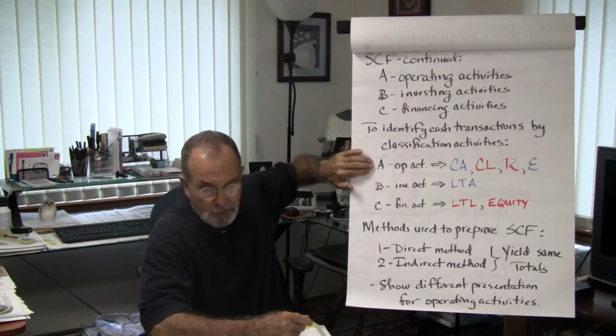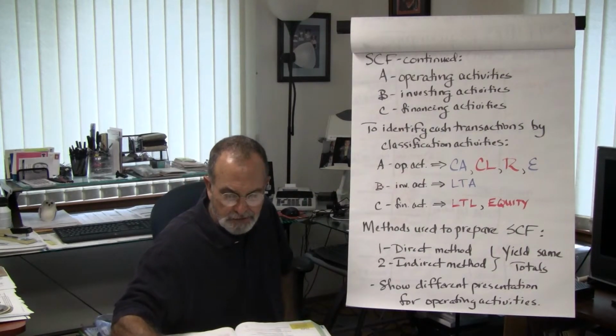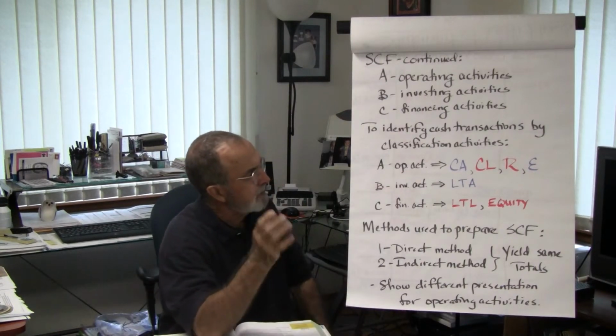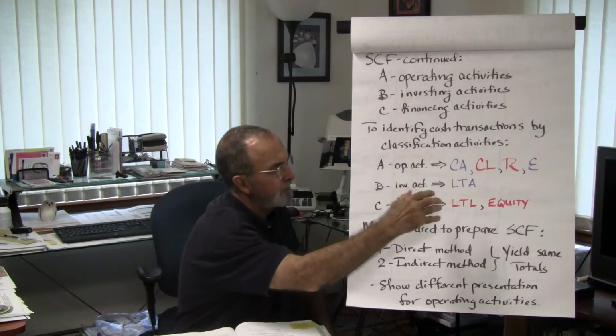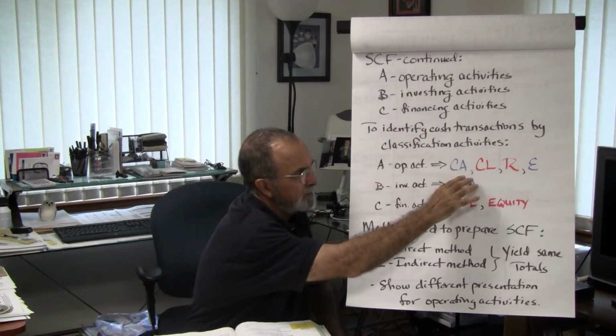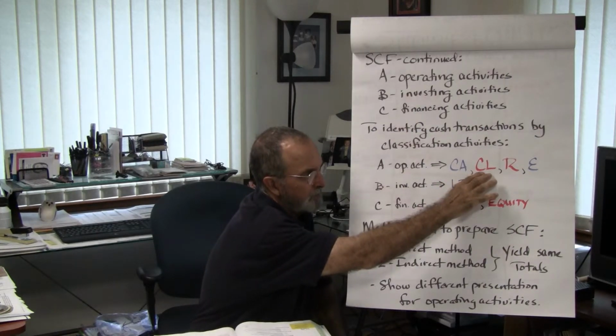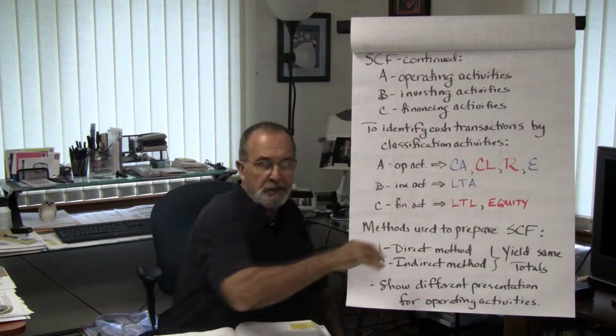So again, operating activities are presented by reviewing transactions in current assets, current liabilities, revenue, and expense accounts.